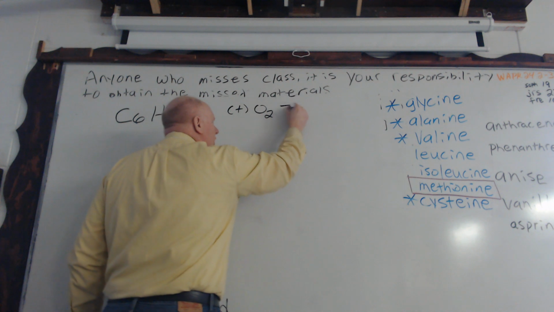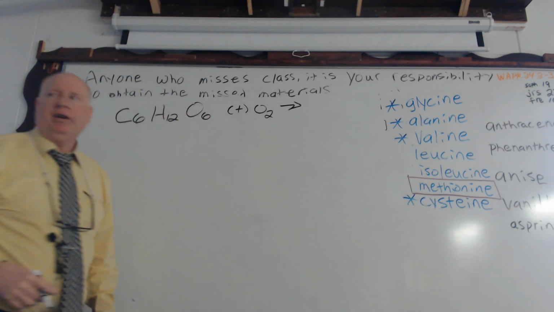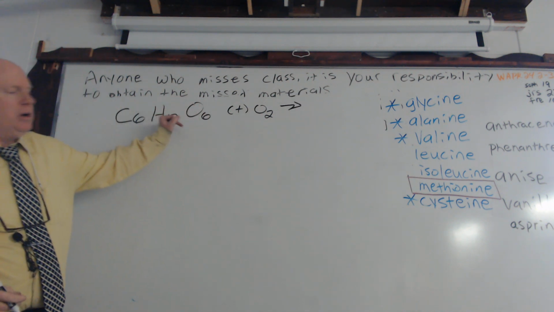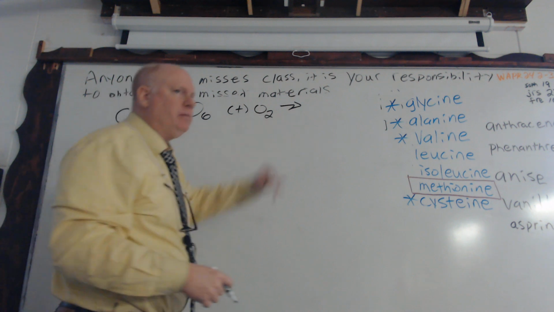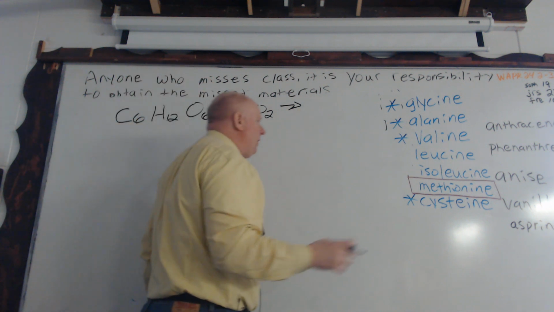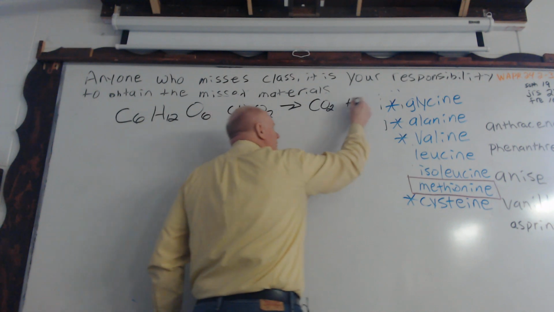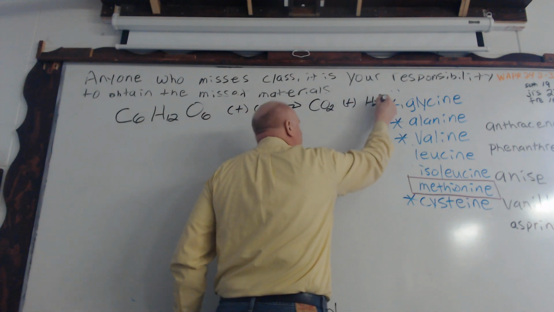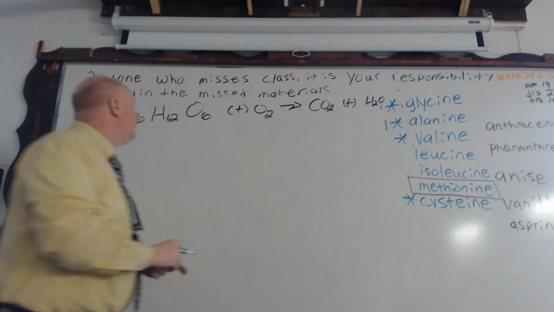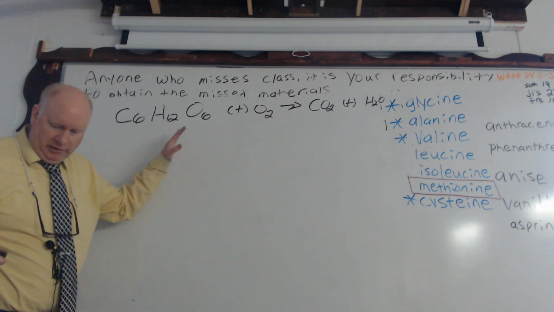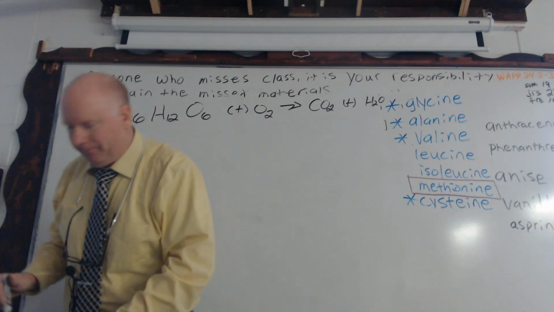Upon burning this fuel, known as glucose, with oxygen, what do we give off as byproducts? CO2 and H2O. That's right. But this molecule has to be broken down.